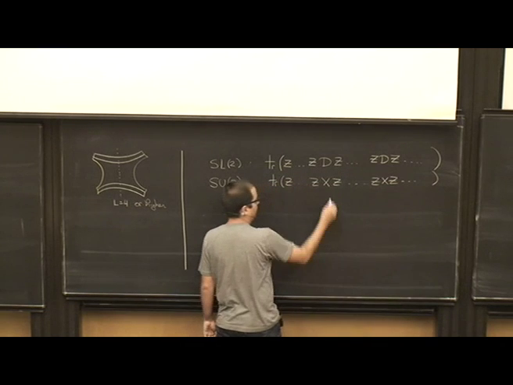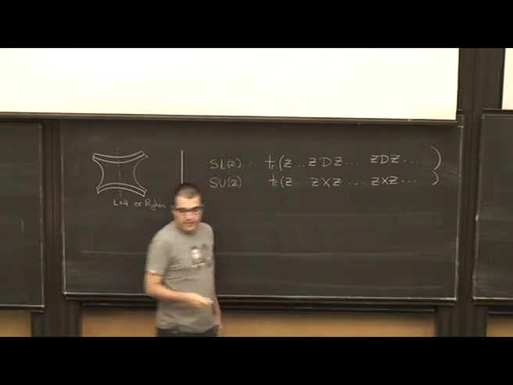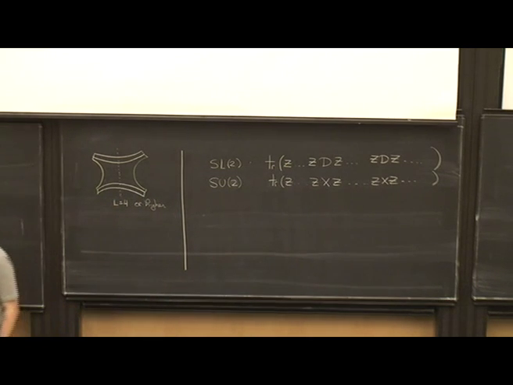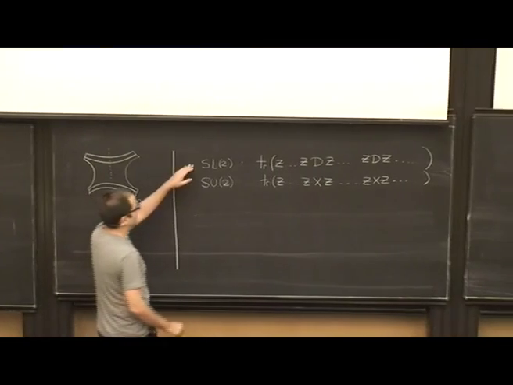This is perhaps the most famous one, where we think of the Z as a spin up and the X as a spin down, and this is just an SU2 spin chain.